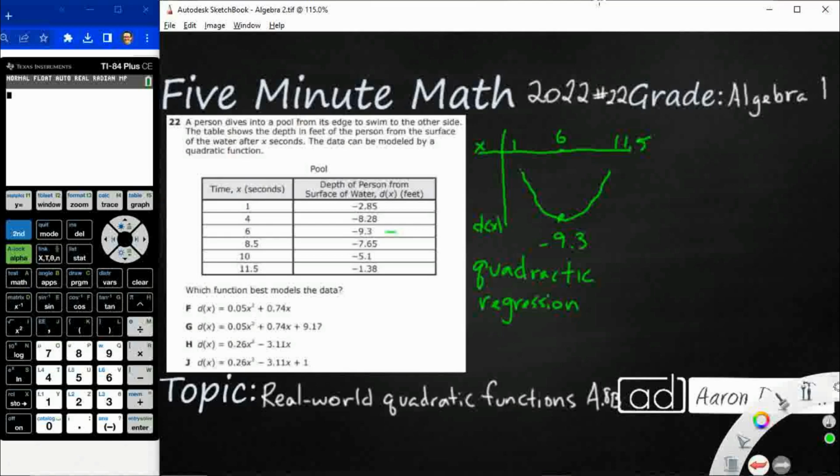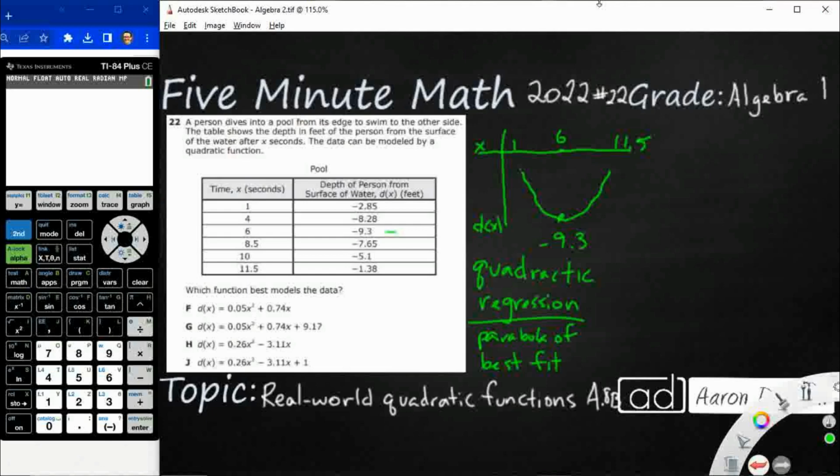So quadratic regression helps us find a parabola of best fit, because I just sketched a basic parabola with the vertex, but it's not the exact one that we would need. So how do we find a quadratic equation that best fits these data?